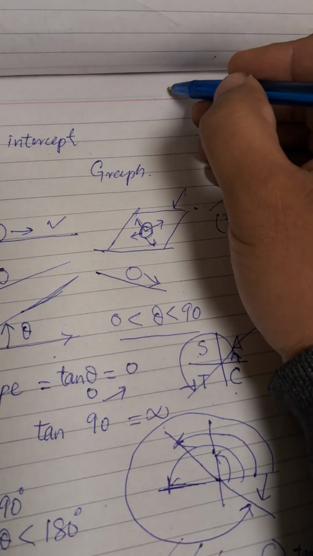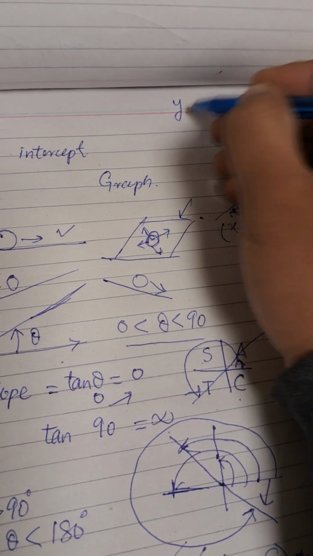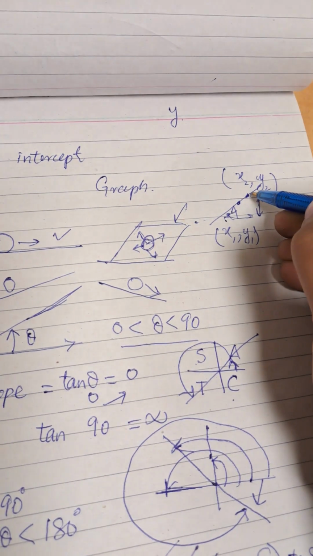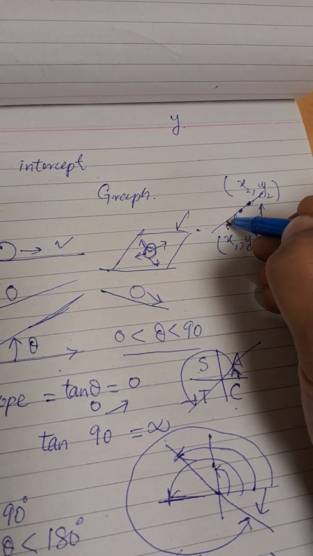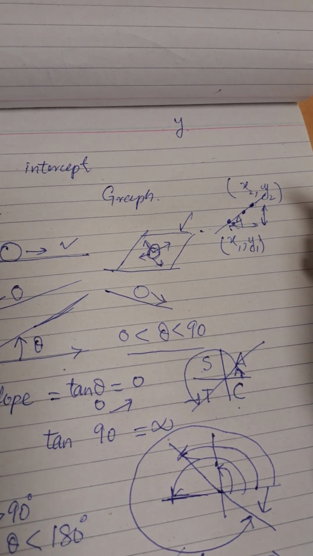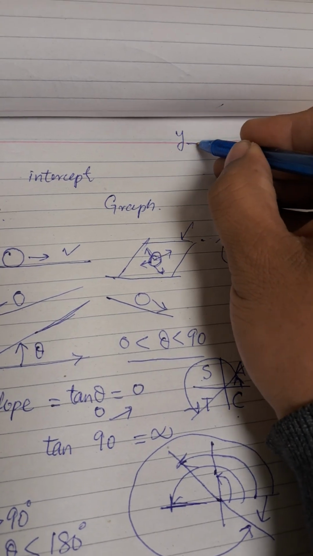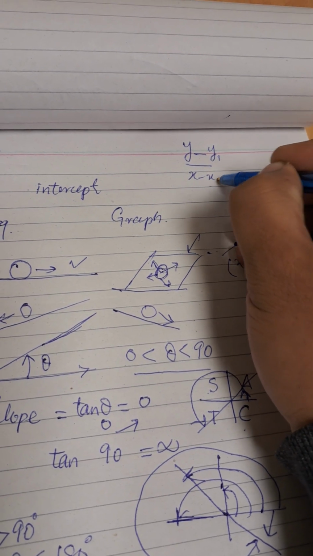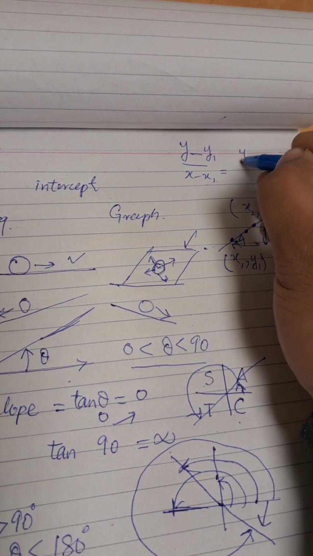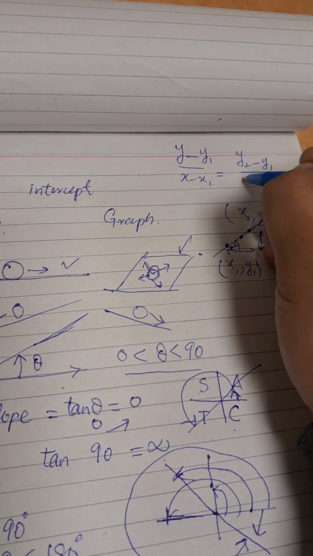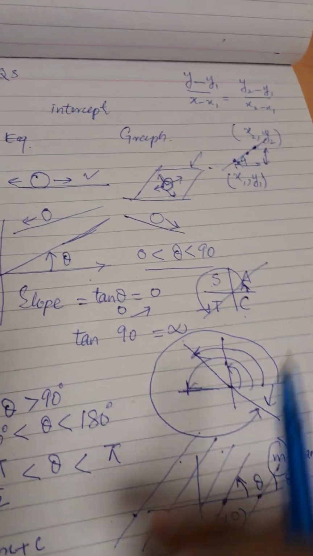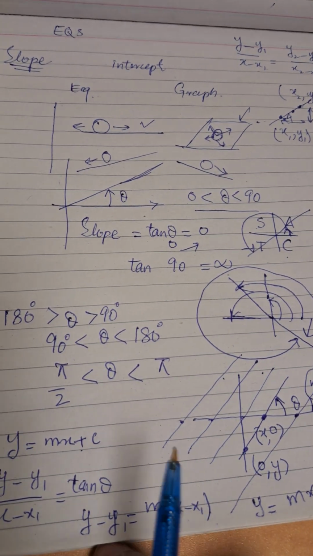So what we would write in this particular case, whenever we have a point x, y over here, we have x2, y2 here and x1, y1 here, is that the slope of the points, (y minus y1) by (x minus x1), is equal to (y2 minus y1) by (x2 minus x1). So it boils down to the same equation as this one.